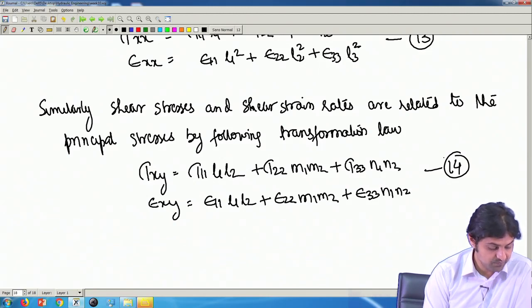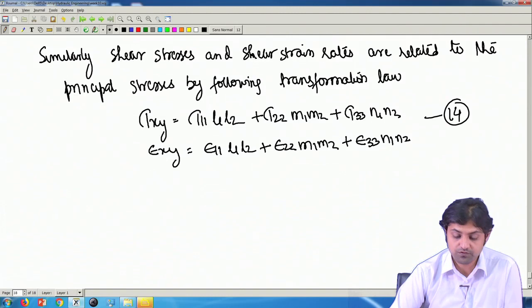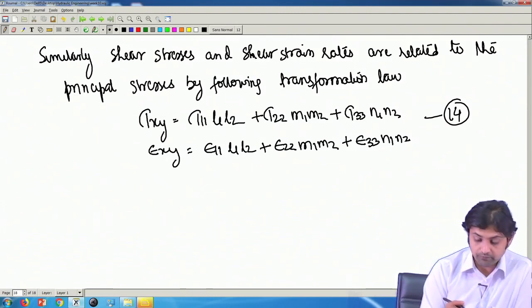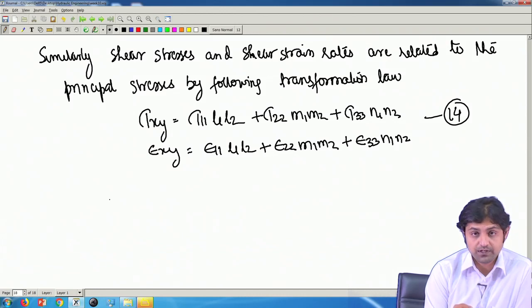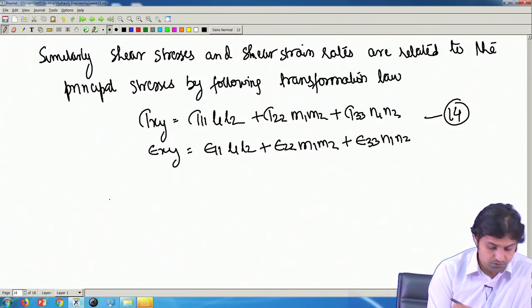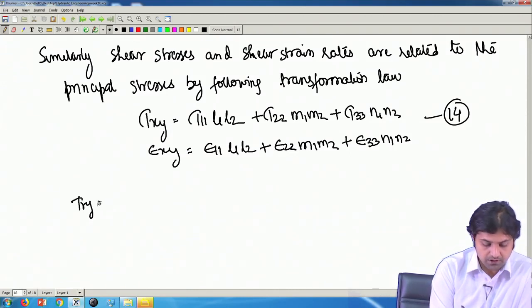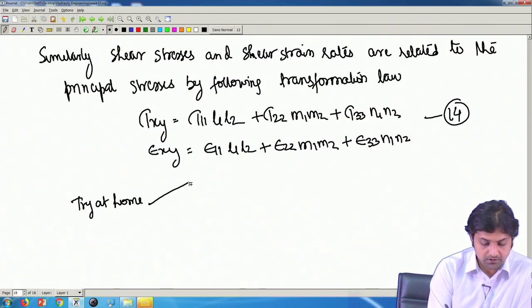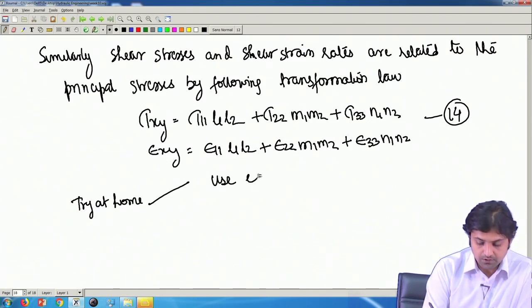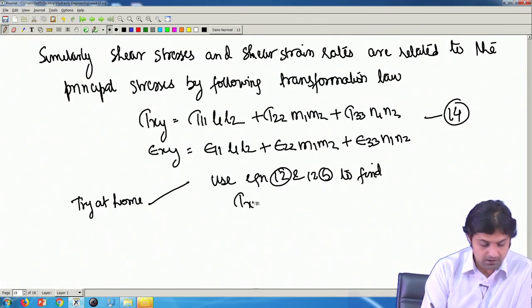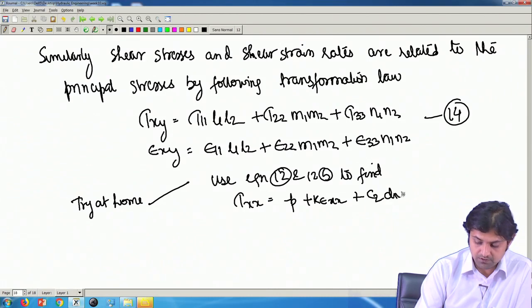All right. So there are some things that I expect you to try at home, but if you have some problems we can discuss that in the forum. Two things to try at home: use equations 12 and 12b to find the tau xx that we have written, minus p plus k epsilon xx plus C2 divergence of v.